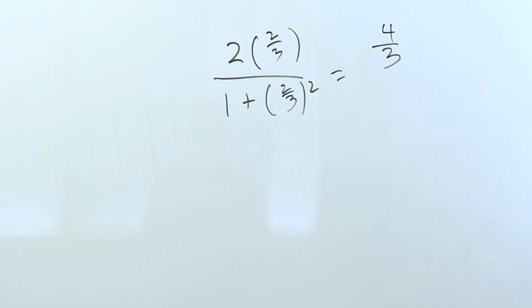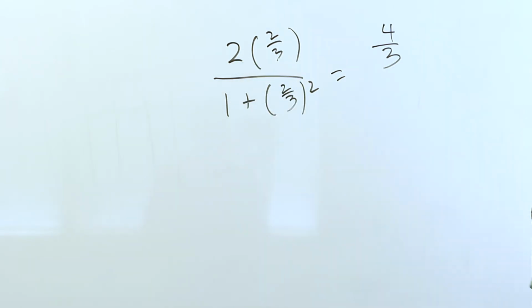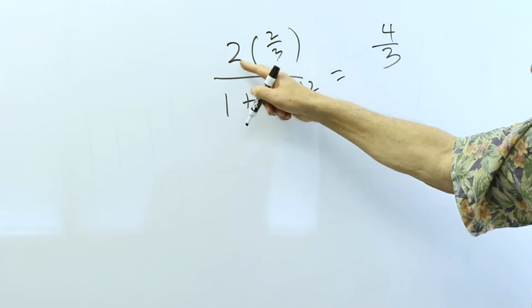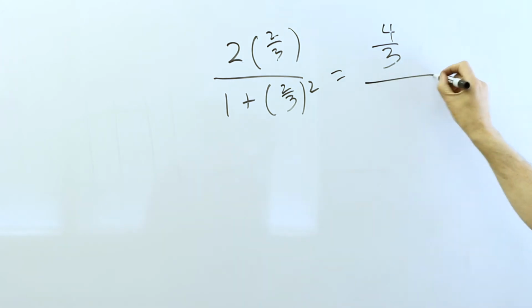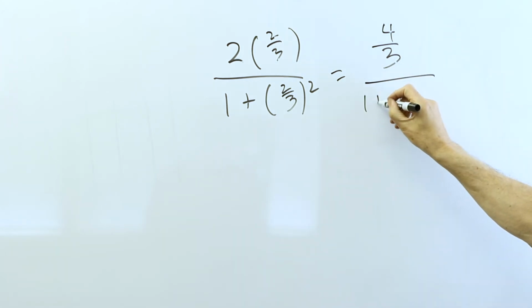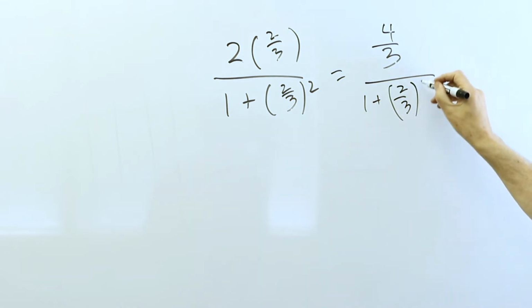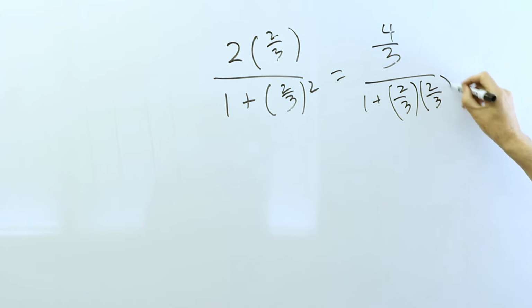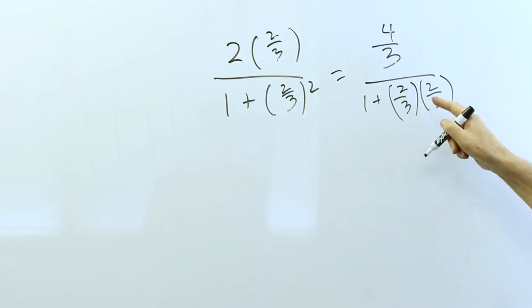And when I get out of elementary school, I think I'm not going to bother changing 2 to 2 over 1. I think we can go straight from 2 times 2 to 4 and keep the same denominator. So again, I'm going to go 2/3 times 2/3. And then I'm going to do my simplification.